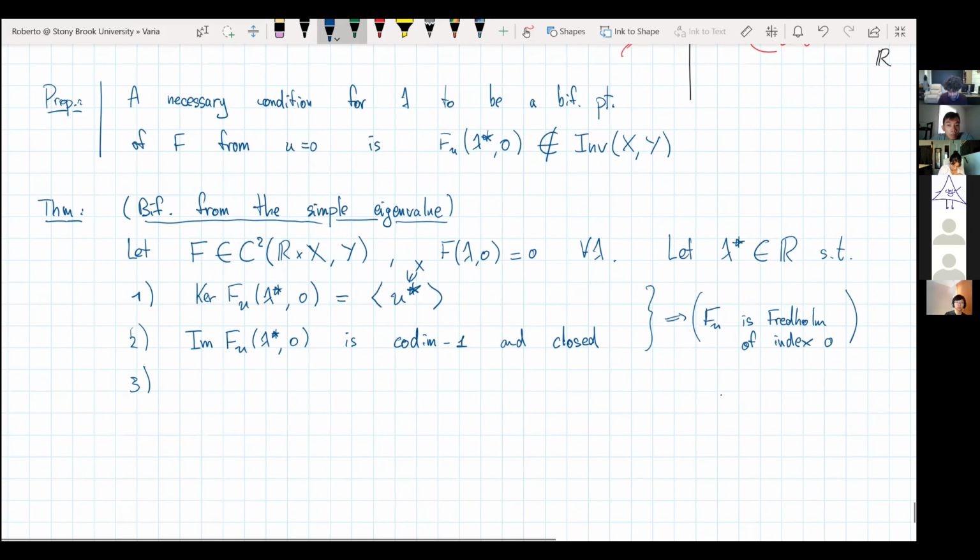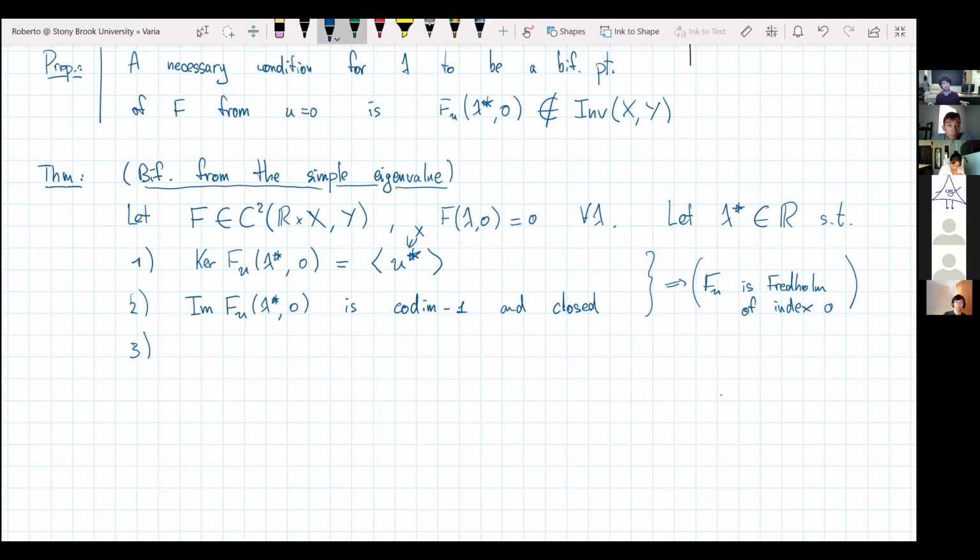And the third condition is like a non-degeneracy condition. And the condition is that the derivative f_{u lambda} at lambda star, 0, computed along u star, is not in the image of f_u at lambda star, 0.